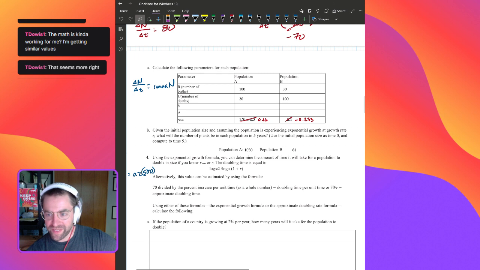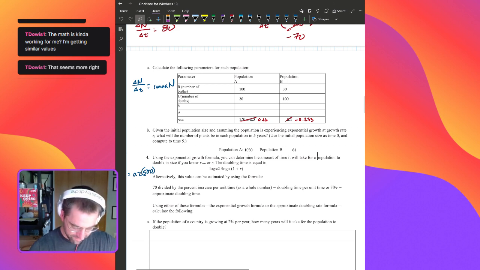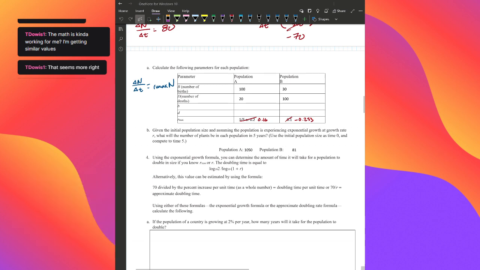All right, so knowing that, how do we use this formula to figure out the population in 5 years? Let me wrap my head around that for a second. And while I'm thinking about it, I'm going to find my power cord. It seems like it should be fairly straightforward.